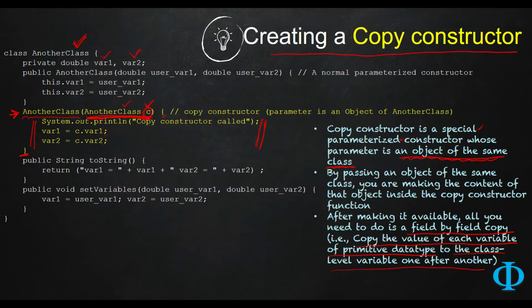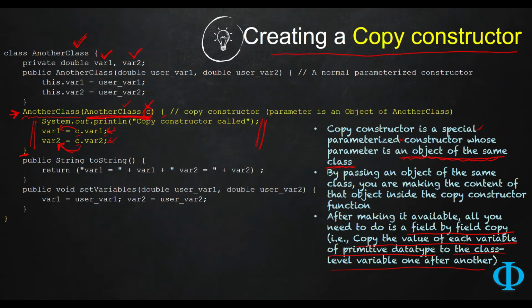In this class there is a variable called var1 and another variable var2. So I have done just a field by field copy. In the first line, I have copied the var1 of object C into the class level variable var1. In the next line, the content of c.var2, that is the var2 variable of the object C, I am copying into this class level variable var2.